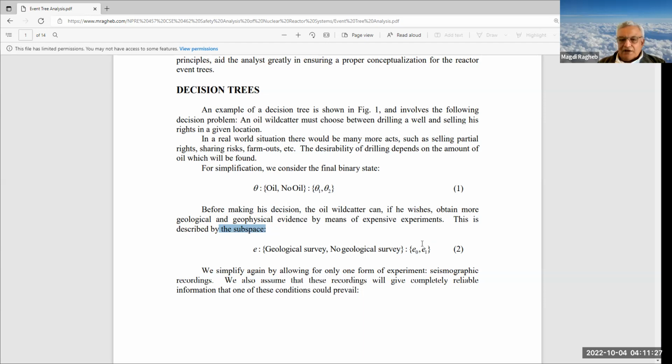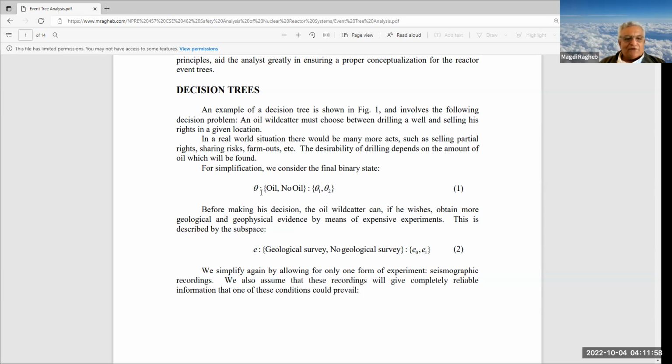So he hires a geologist and runs a geological survey, or he decides not to run one, just saving money, and maybe he's very sure that the formation contains oil, because maybe there is oil bubbling on the surface of a water pond, where he knows that there is oil underground.